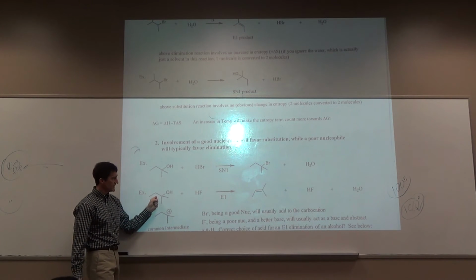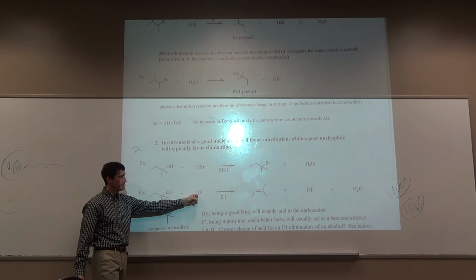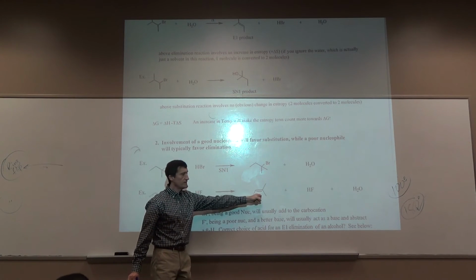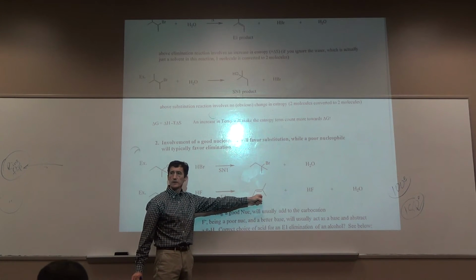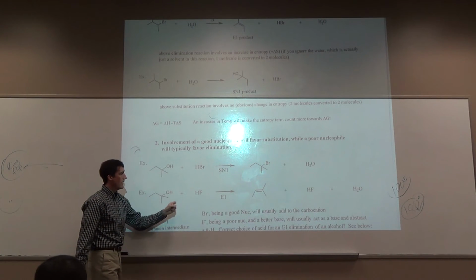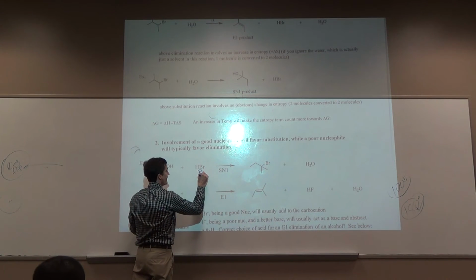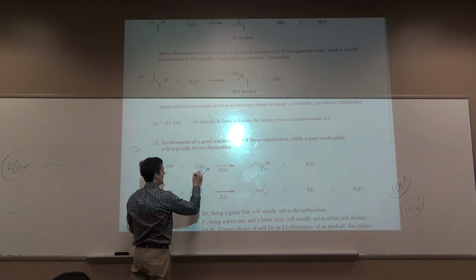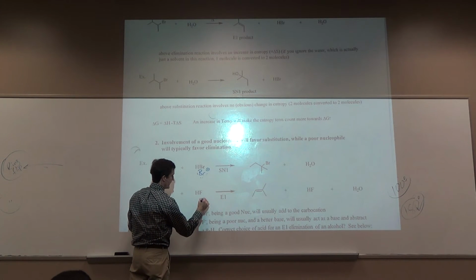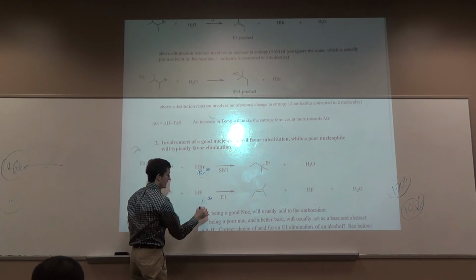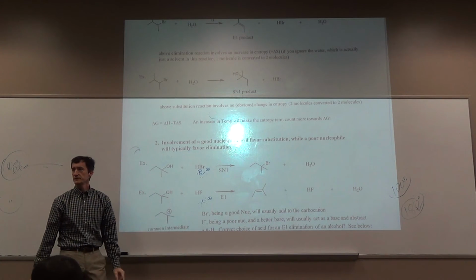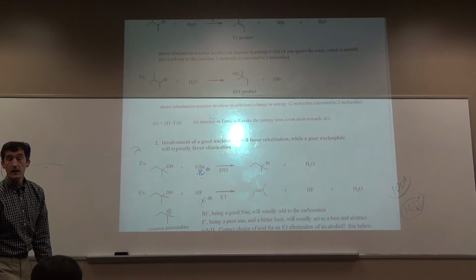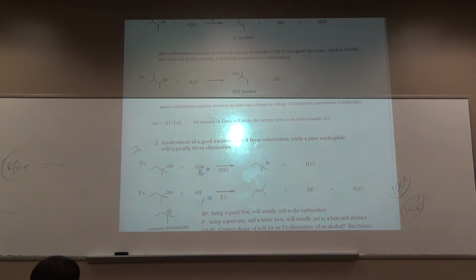But if you do this same reaction with HF, you actually get the elimination product as the main product. Why? Well, here the nucleophile is Br minus. Here the nucleophile would be F minus. What do you know about F minus being a nucleophile? It's a very bad nucleophile. That's why earlier on we used HF as an acid when you want the anion to do nothing.